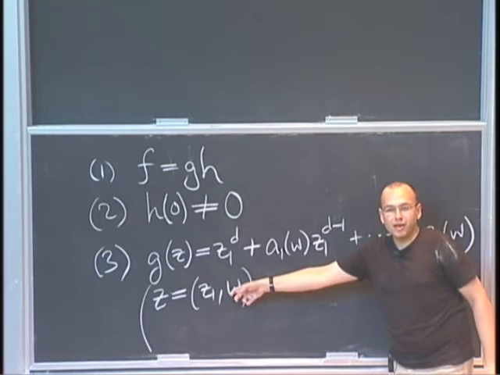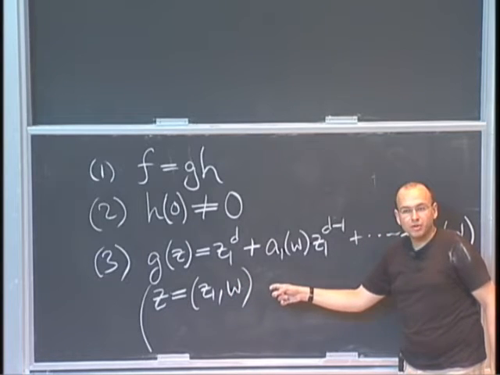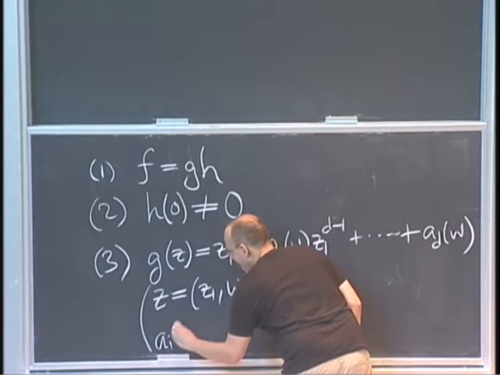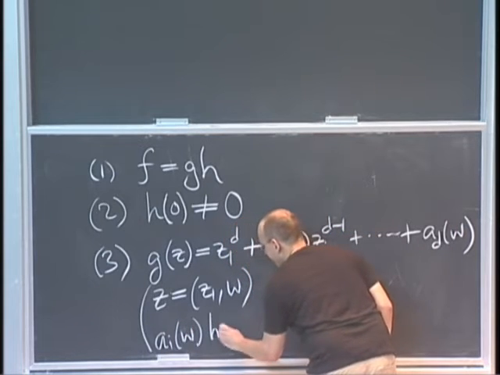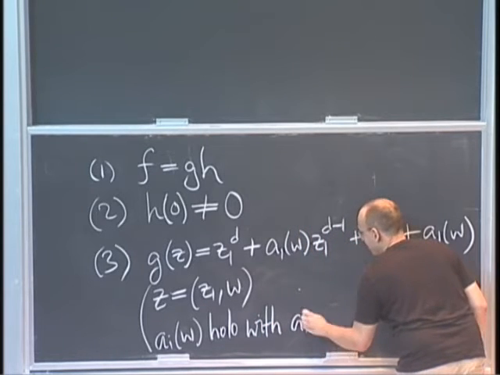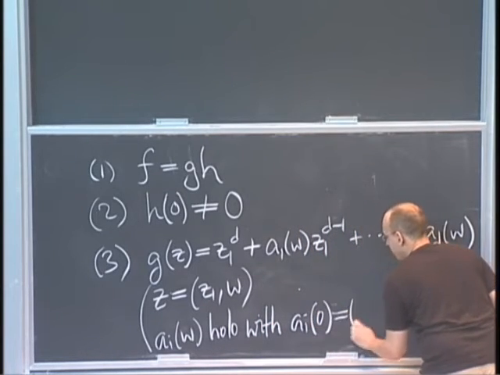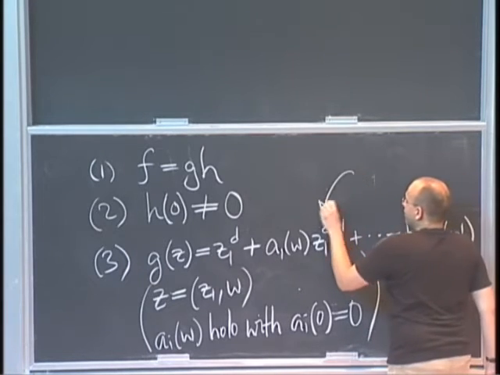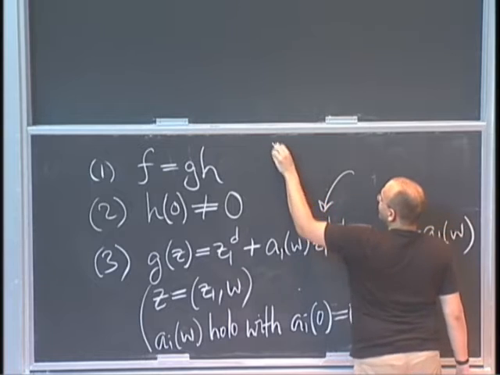So w is all the other complex variables, the remaining n minus 1. And these functions ai are holomorphic and vanish at the origin. And this thing here is what you call a Weierstrass polynomial.